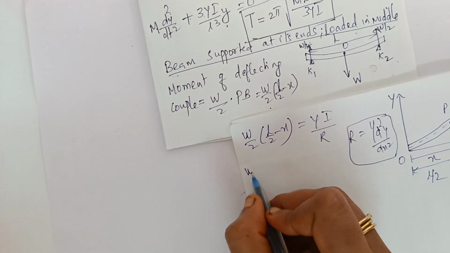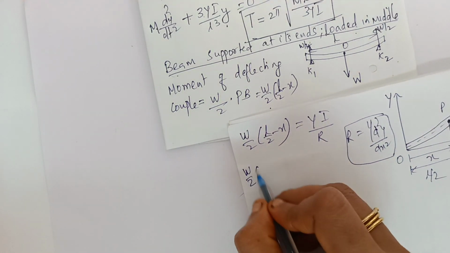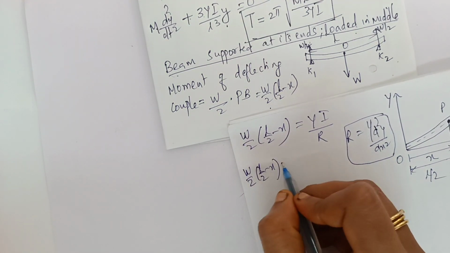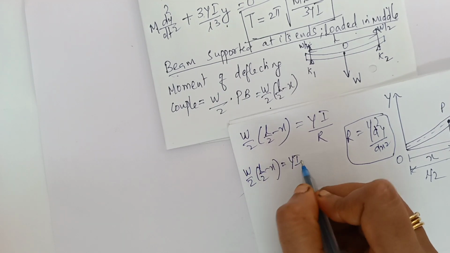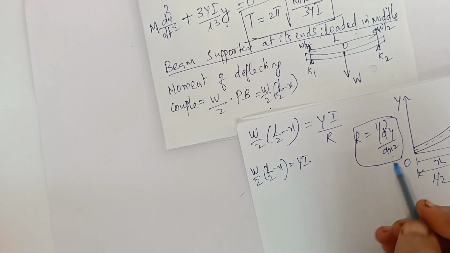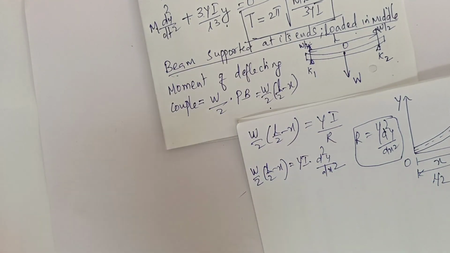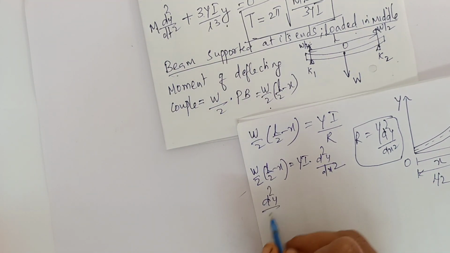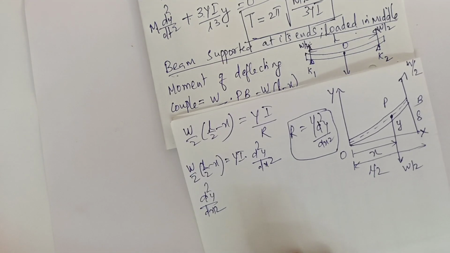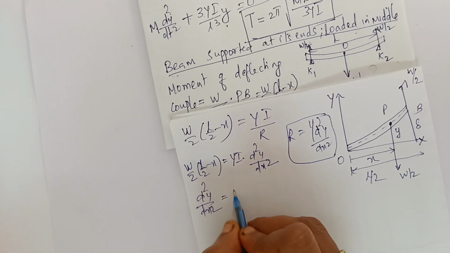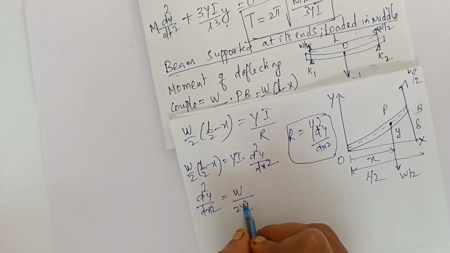So what we will get? W/2 into (L/2 minus x) is equal to YI into, instead of 1 by r we can put d²y/dx². Or we can write d²y/dx² is equal to, we will rearrange.